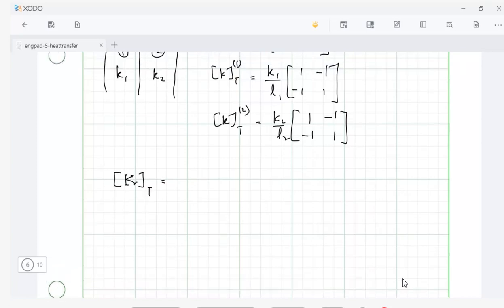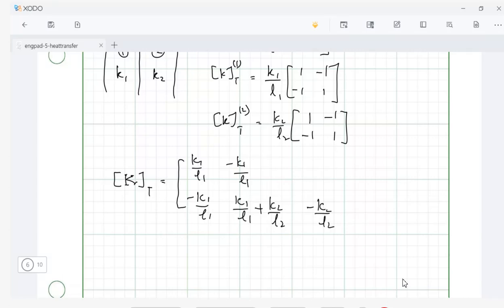And so, in this case, we know that this is going to be K1/L1, minus K1/L1, minus K1/L1. But here, because of the element connectivity, we know that this is going to be K1/L1 plus K2/L2, minus K2/L2, minus K2/L2, K2/L2.